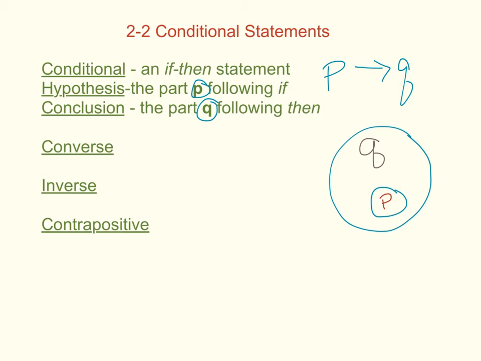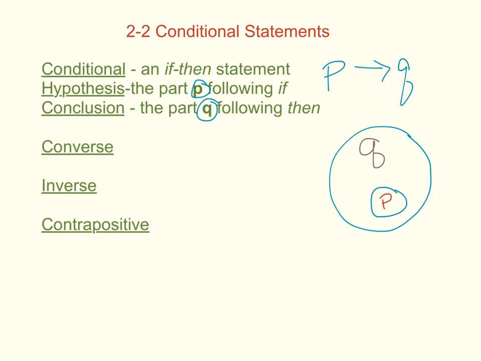Angle A is acute is my conclusion. They would tell me angle A equals 15 and angle A is acute. Or they would say the measure of angle A equals 15, so the measure of angle A is acute. And you could turn that around, and as a conditional statement it would read, if the measure of angle A is 15, then angle A is acute.